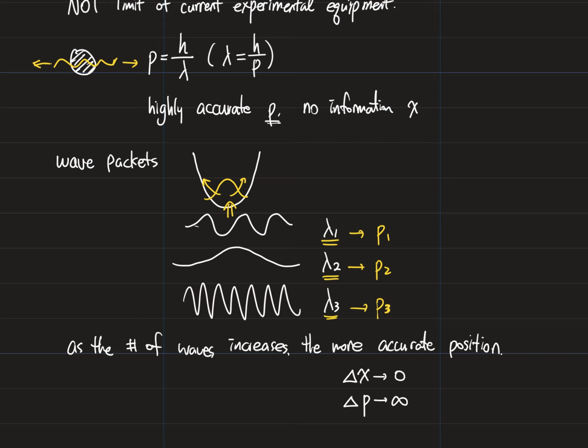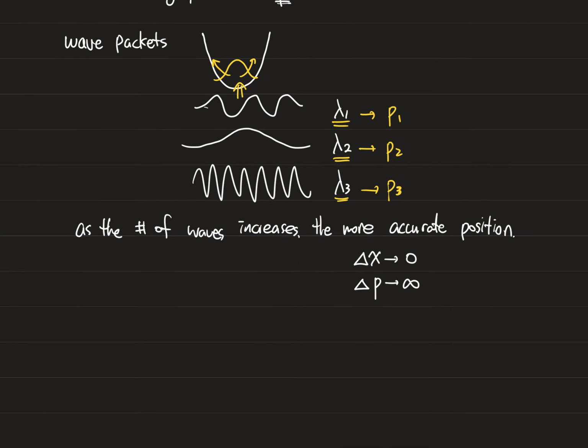This intrinsic trade-off is captured mathematically in Heisenberg's very famous inequality. If we multiply the error in measuring the position and the error in measuring the momentum, this value is bounded by the Planck constant.